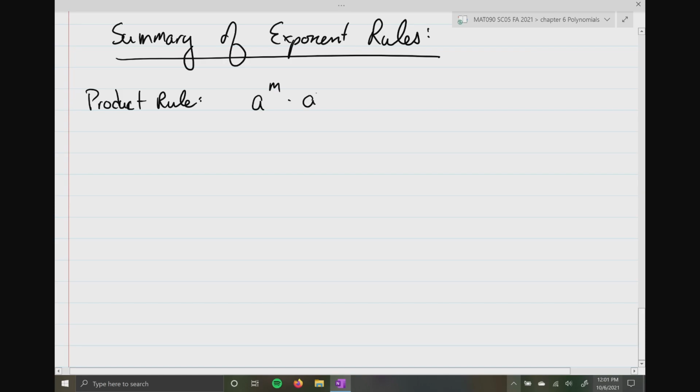And that's a to the m times a to the n equals a to the m plus n. You add the exponents. So that's our first rule. Second rule is our power rule. That one says, if you have an exponent raised to another exponent, you multiply the exponents together.